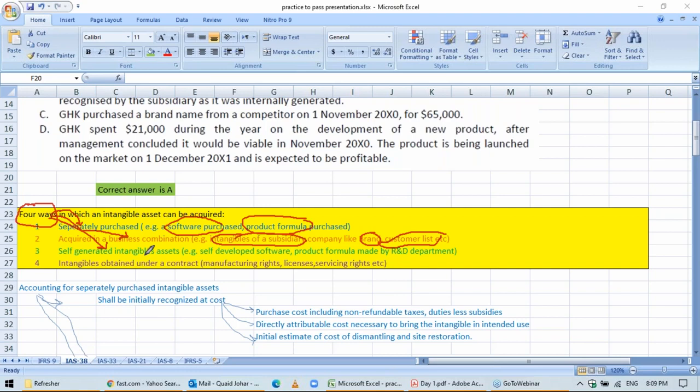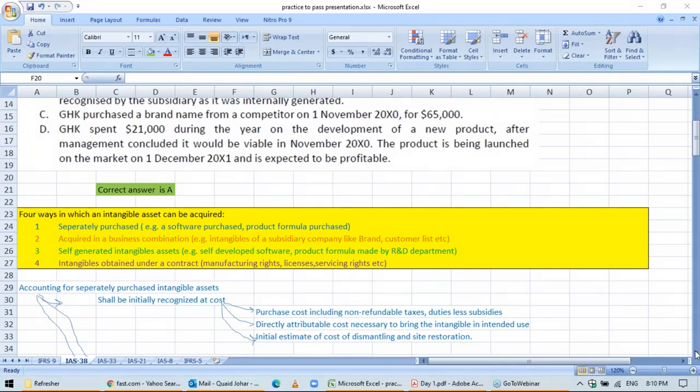So this is all about the self-generated intangible asset. Until we are in the development phase, first there is the research phase, then comes the development phase. I'll show you below what happens in the third case. Let's see the rule, what they say about the third category.